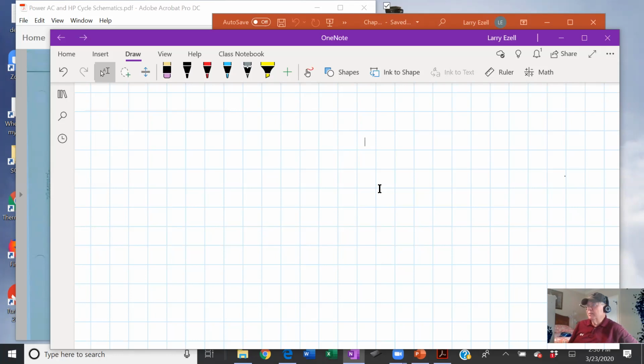I got to pick me a pen here. Oh, it's cut off, isn't it? My pad cut off. Now it's back alive. It woke up. Okay, good. Way to go, pad. All right, let's use my eraser. You see how bad I am at this tablet.